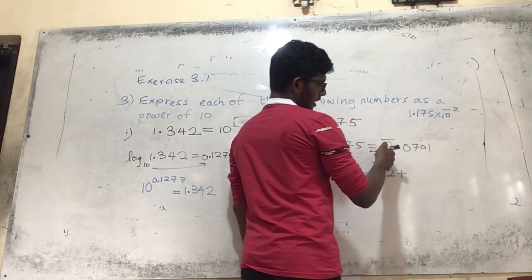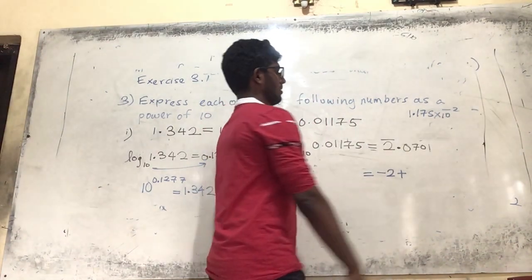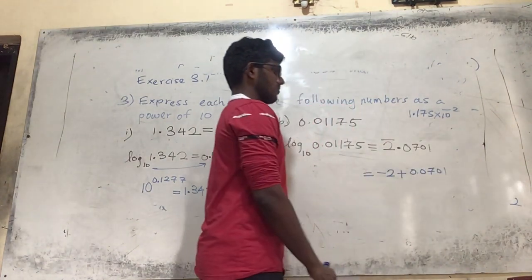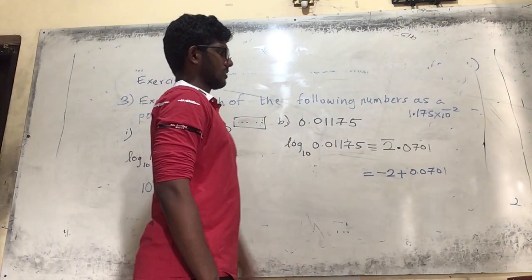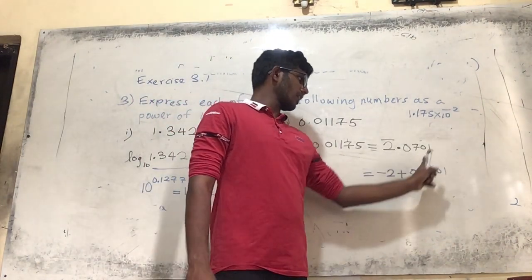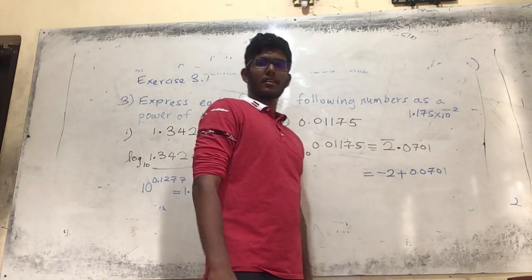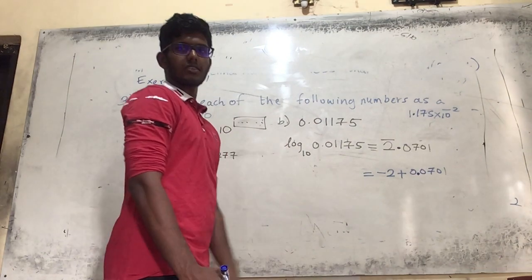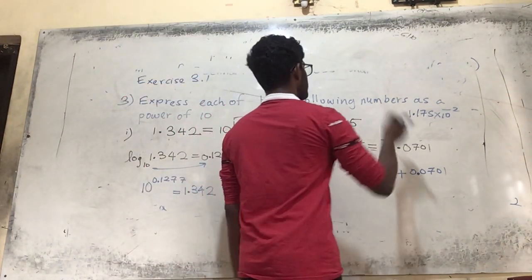Bar 2 means minus 2, right? Plus 0.0701. Because it is bar 2, you put minus, and this value, whatever you write here, you put a 0 point. Then you have to subtract.